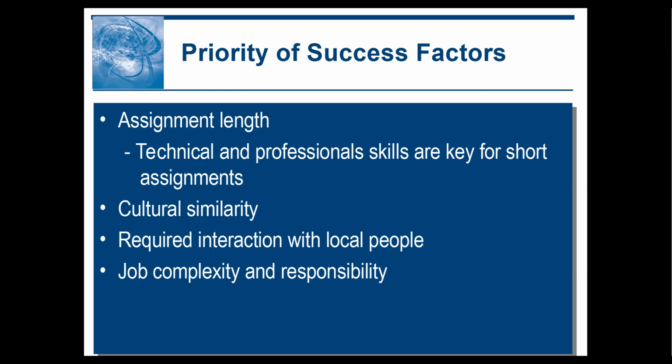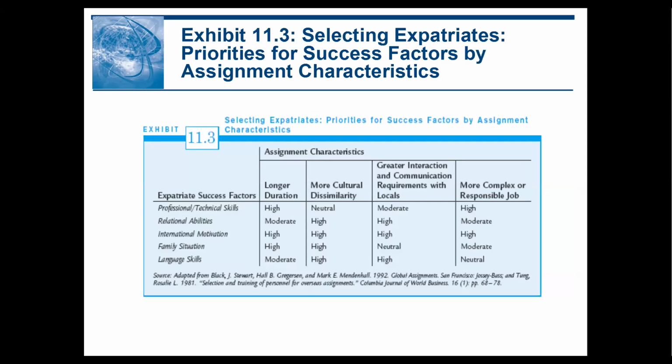Job complexities and responsibilities. Based on these things, you get to understand what types of factors influence his or her job success. When you select any expatriate, you have to consider these factors we discussed before: professional and technical skills, relational abilities, international motivation, family situation, language skills.